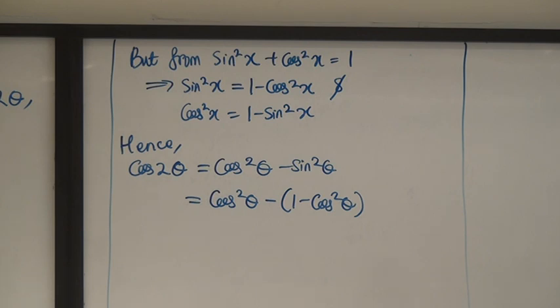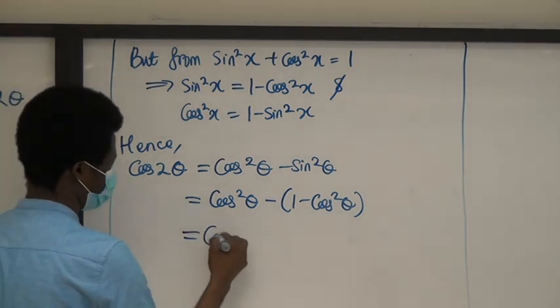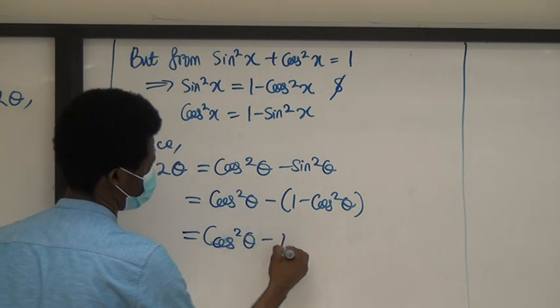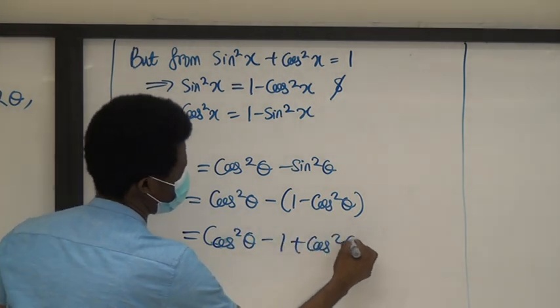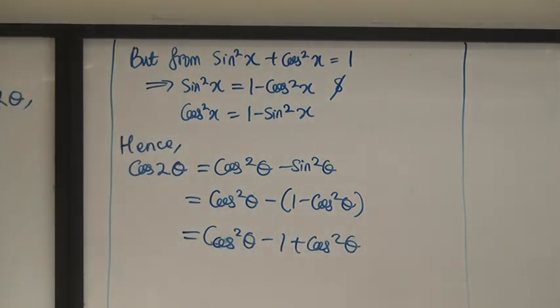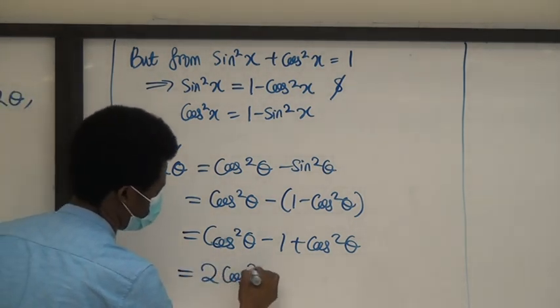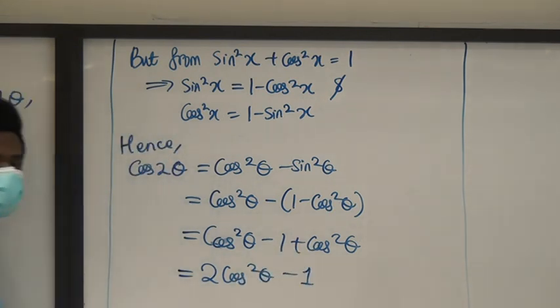The negative affects sine squared. If sine squared is now 2 terms, the negative should affect both of them. Right? So that will be cos squared theta minus 1 plus cos squared theta. And that gives another identity, which is 2 cos squared theta minus 1.